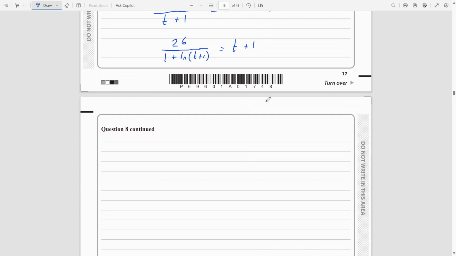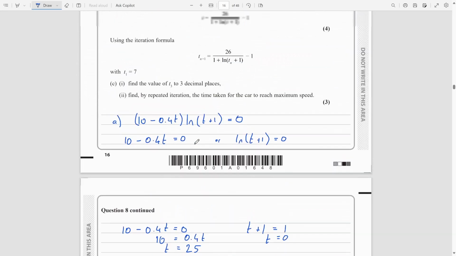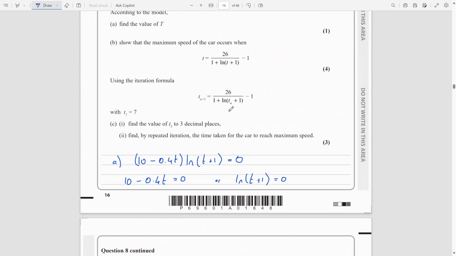We're basically there now. By subtracting 1 from both sides, I get t equals 26 over (1 plus ln(t plus 1)) minus 1. So there, it's done. That's a pretty tricky one of these rearrangements, but by just sort of forcing the things that we needed to see into shape, it made it a little bit easier.